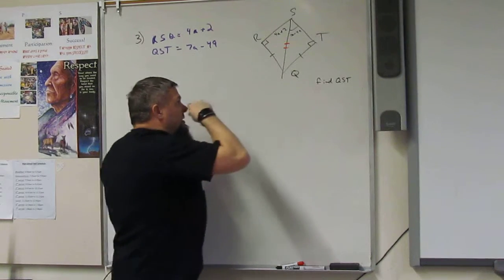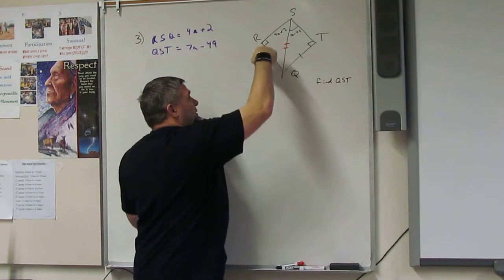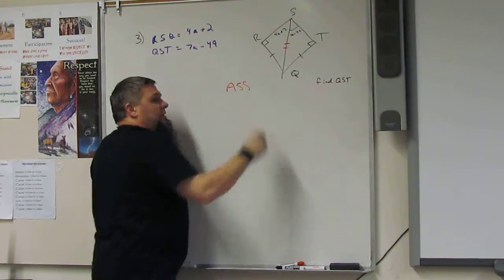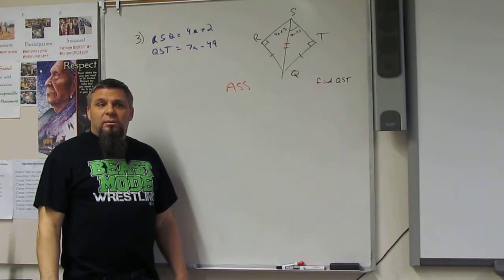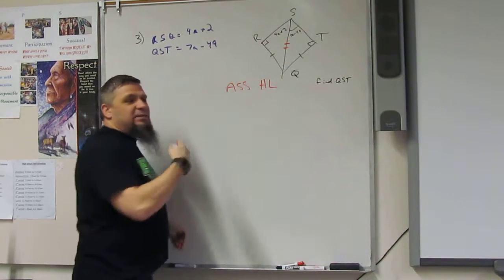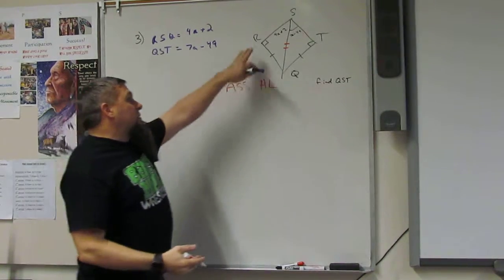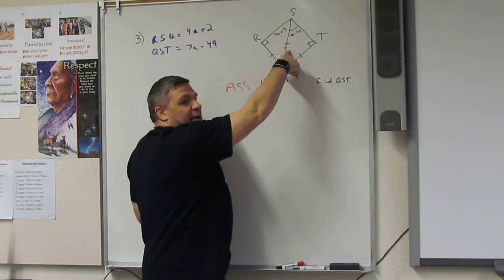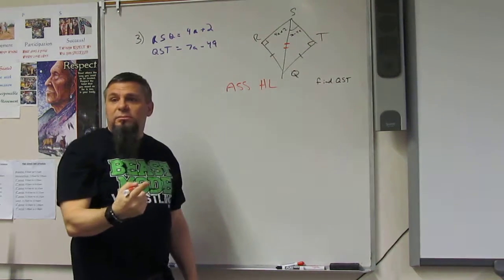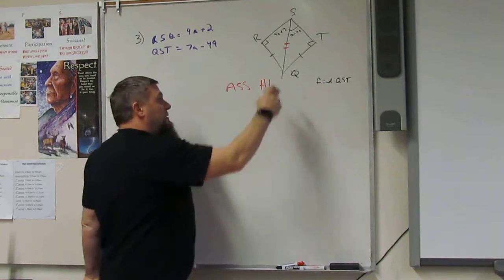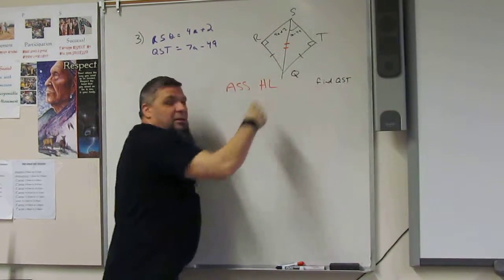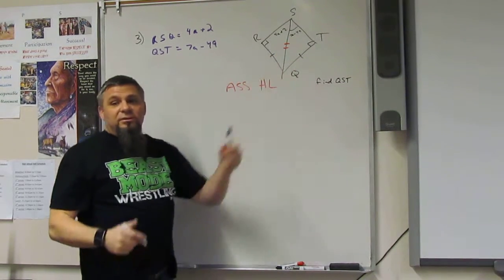So I have angle side side. That one has to be hypotenuse leg, which means it has to be a right angle. It is a right angle. This is the hypotenuse. This is a leg. So we're good to go, right? The hypotenuse is congruent to itself, and the legs are congruent. So these 2 triangles are congruent.